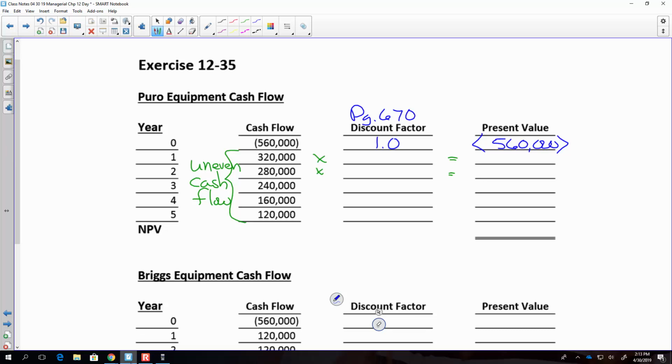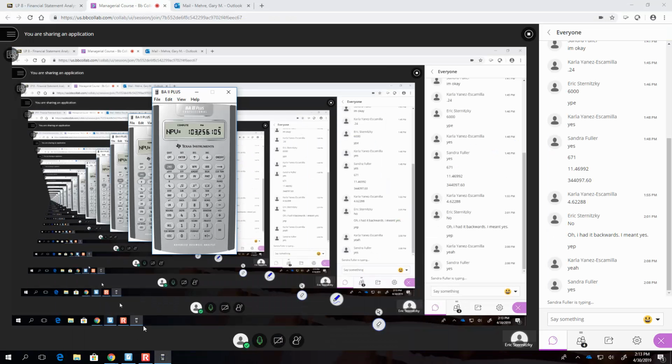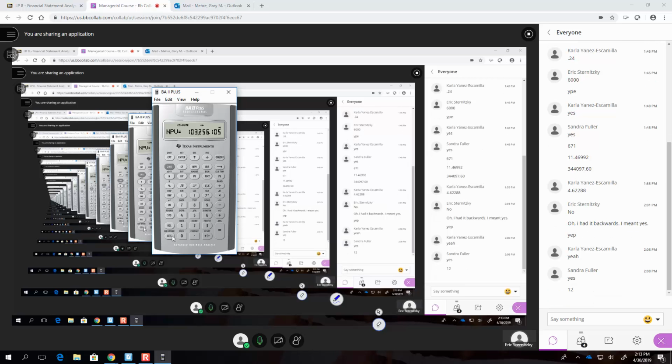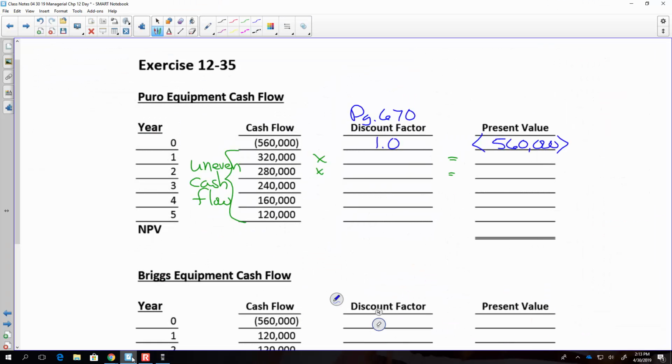Anybody at home? Yeah, it's the 12%. Thank you, Sandy. We're also going to do this on the calculator when we're ready. So using 12%, go down that column.